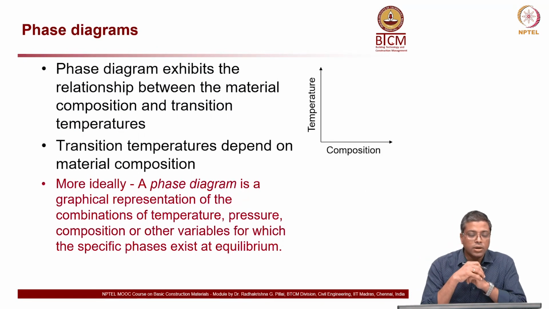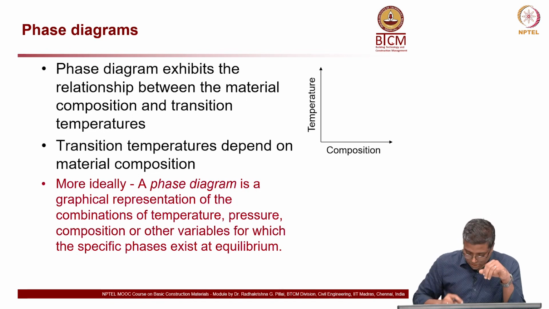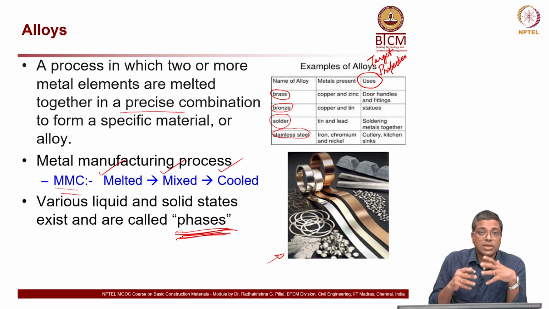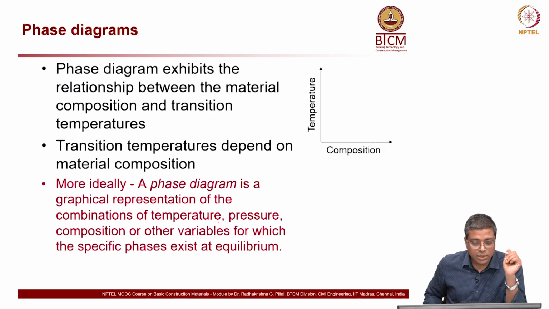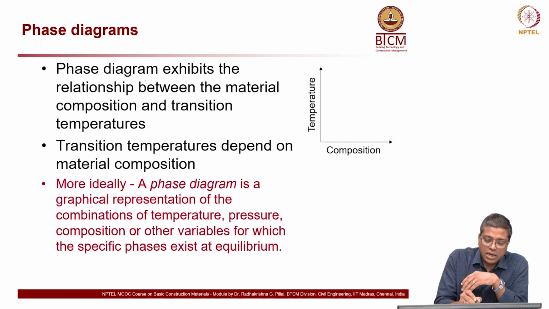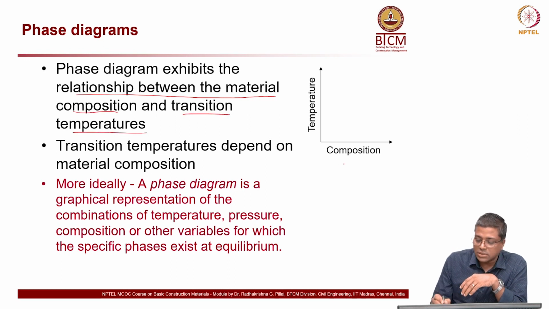Now, phase diagram. We just discussed different phases, right. Various liquid and solid phases might exist depending on the temperature at which the material is. This is generally understood by something called a phase diagram. A phase diagram exhibits the relationship between the material composition and transition temperature.